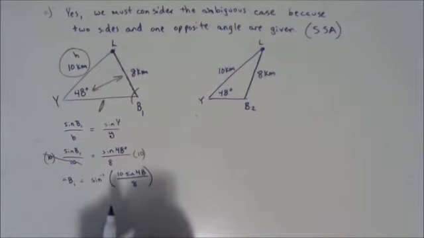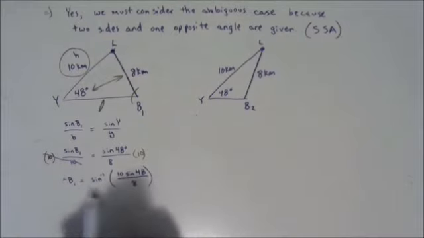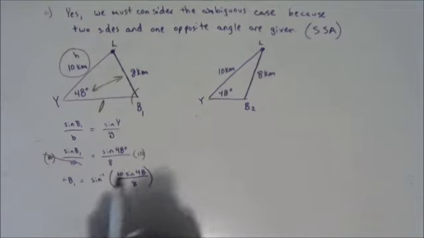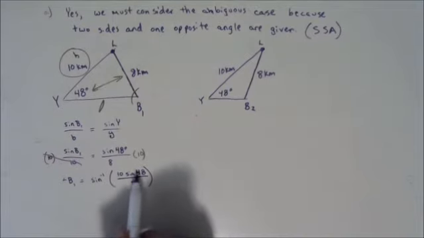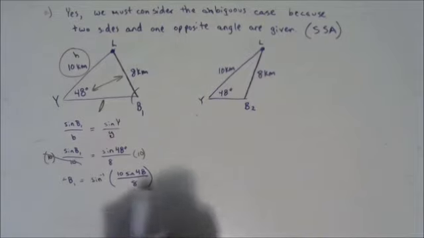Again, if you're good with your calculator and you've got your brackets in the right place, you can include all of this in the inverse sine. Otherwise, just do the chunk in the brackets first, making sure you've bracketed properly so that it doesn't give you the sine of 48 divided by 8, but rather the sine of 48 times 10, the whole thing divided by 8.